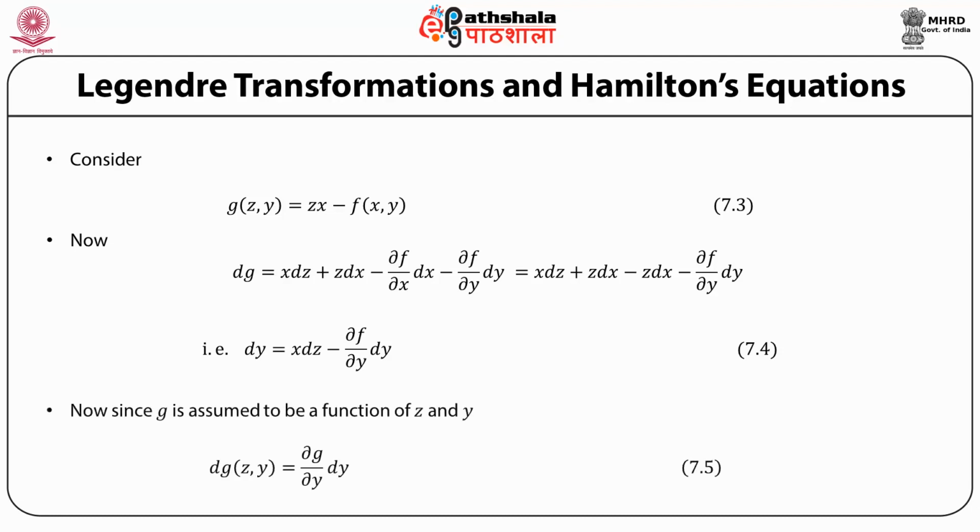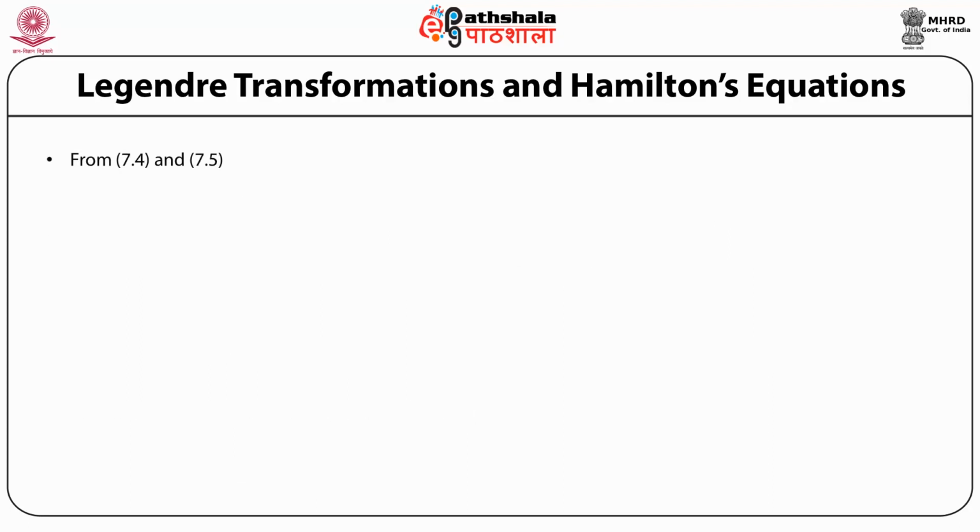Now, since g is assumed to be a function of only z and y, therefore the differential of g is (dg/dz) dz plus (dg/dy) dy. So from these two expressions, we immediately obtain that the partial derivative of the function g with respect to the variable z is equal to x, and the partial derivative of the function g with respect to the variable y is equal to minus the partial derivative of the function f with respect to y.